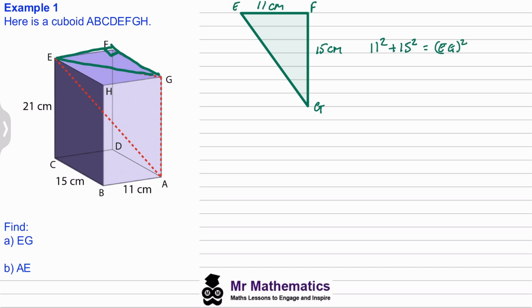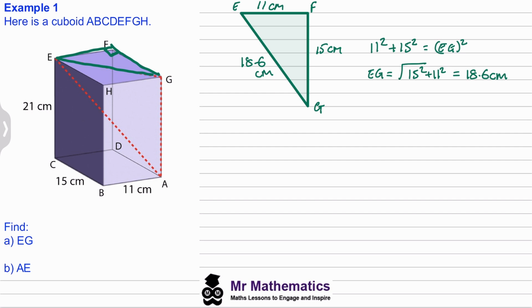So to work out EG, we'll square root both sides and we'll get the square root of 15 squared plus 11 squared. This works out as 18.6 centimeters. I'll label this on the diagram. So that's EG.